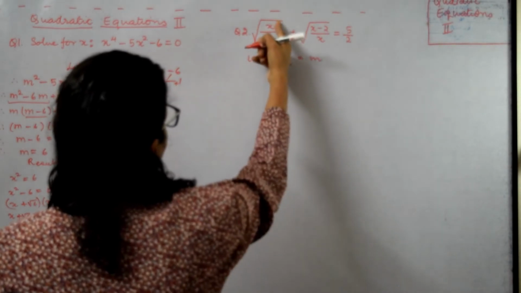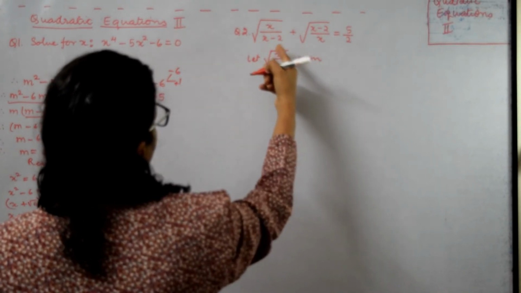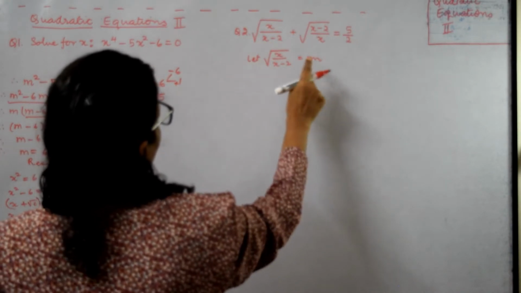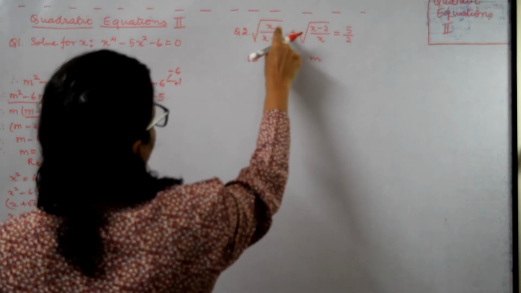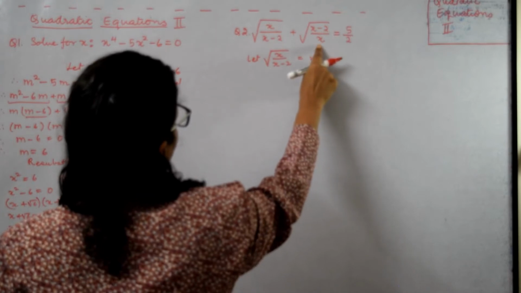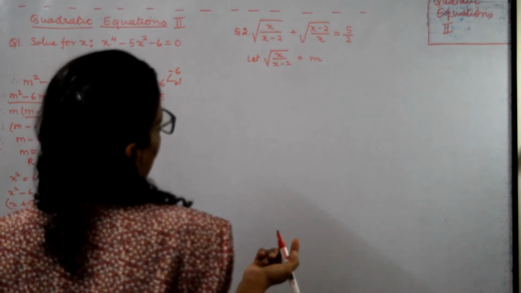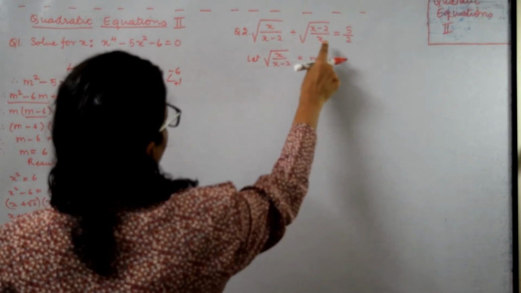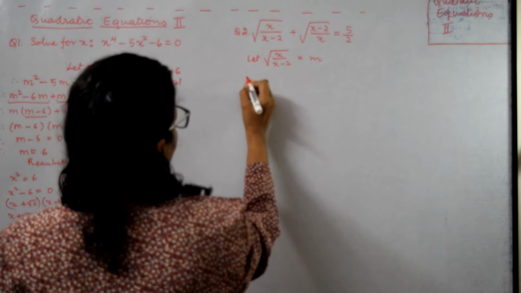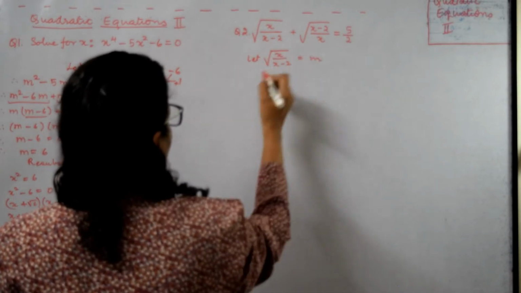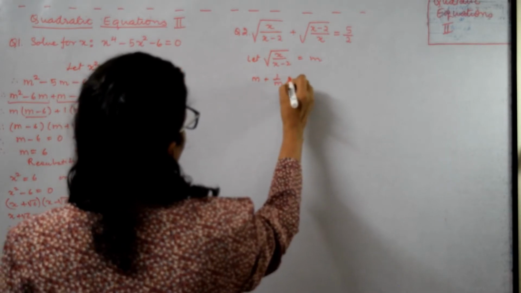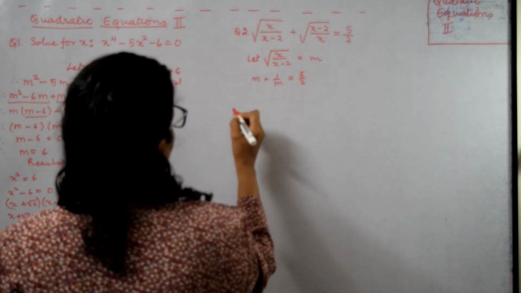And so if root of x upon x minus 2 is giving you m, then root of x minus 2 upon x becomes 1 upon m. So you will see this fraction and this fraction, they are reciprocals of each other. So now we will have this whole equation becoming m plus 1 upon m, and that's equal to 5 upon 2.